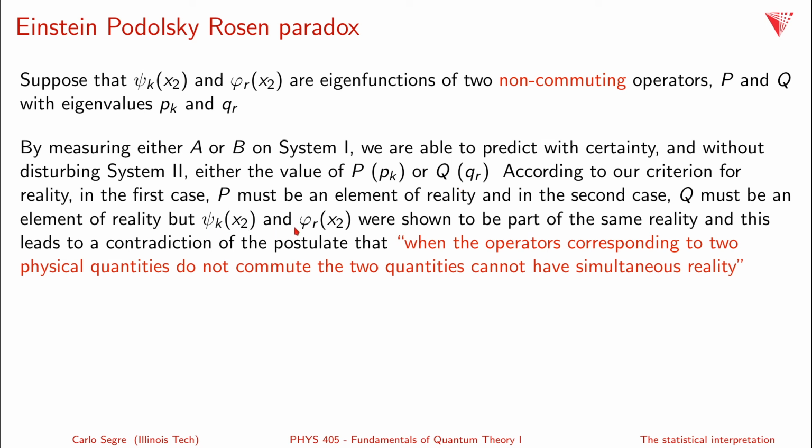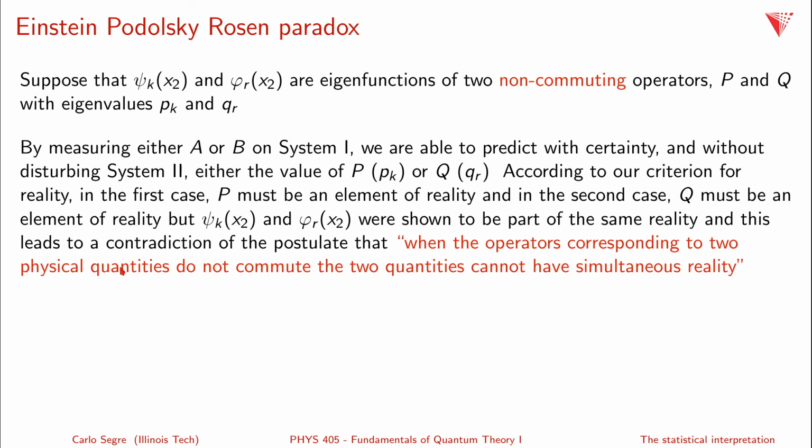But we were told that psi sub k of x2 and phi sub r of x2 were shown to be part of the same reality. And this leads to a contradiction of the postulate that when operators corresponding to two physical quantities do not commute, the two quantities cannot have simultaneous reality. So by making this measurement of A or B, we know what we're going to get when we make each measurement.